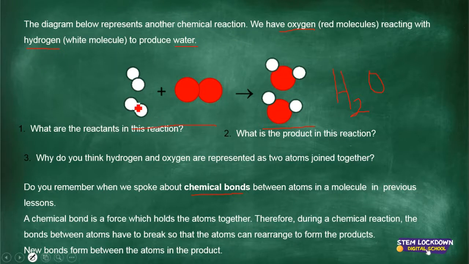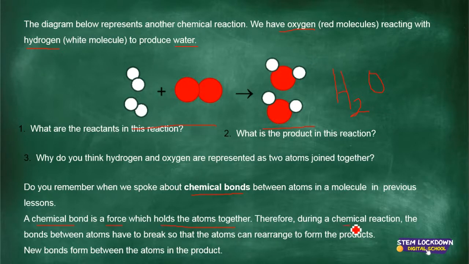So we have these chemical bonds, and new bonds are formed. Okay, I'll go through it one more time. A chemical bond is a force that holds the atoms together.